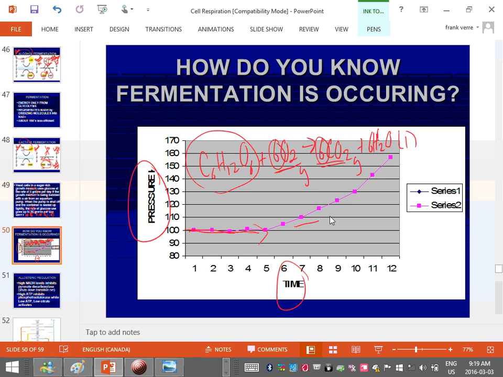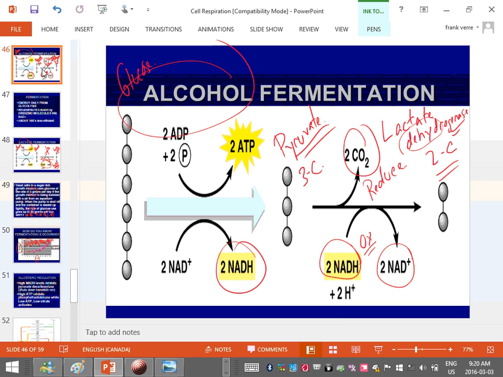But then see how it starts to go up here? Because if you look at alcohol fermentation, what stage is this? It's first stage. Where do we use oxygen? What stage? Do we use any oxygen in the first stage then? No. So in fermentation, it's only stage 1. And if it's alcohol fermentation, we don't use up any oxygen in stage 1.